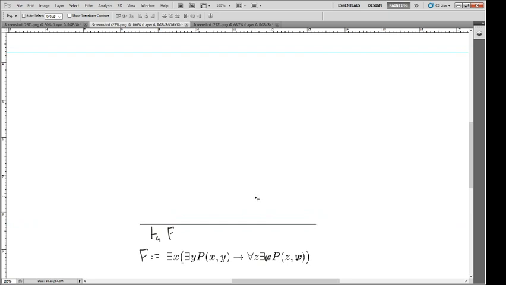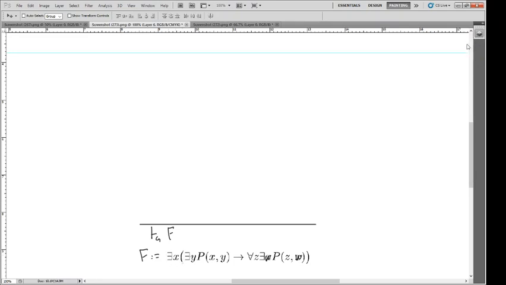So what rule can I apply first to do this proof? If we have a look at what f is here, there's actually only one thing we can do, which is apply the rule to get rid of this quantifier right here.